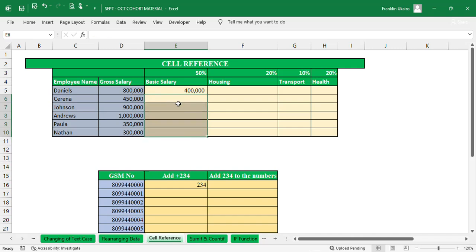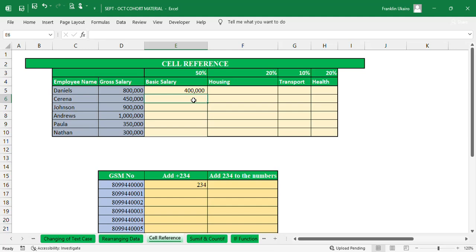Then the last one, mixed cell reference, is defined as a combination of absolute and relative cell reference. I hope it's clear, but by the time I practicalize it, it will be very clear.